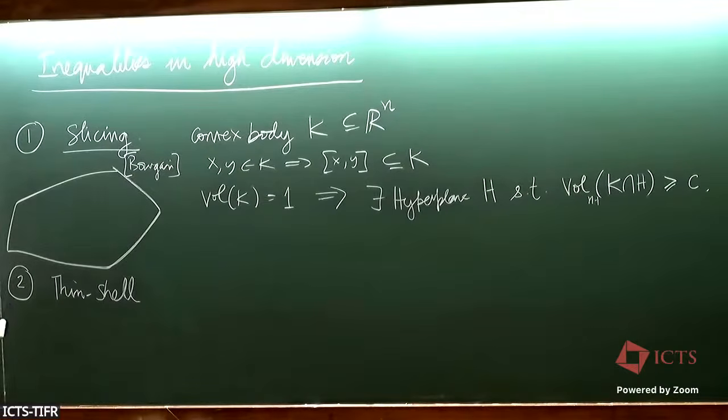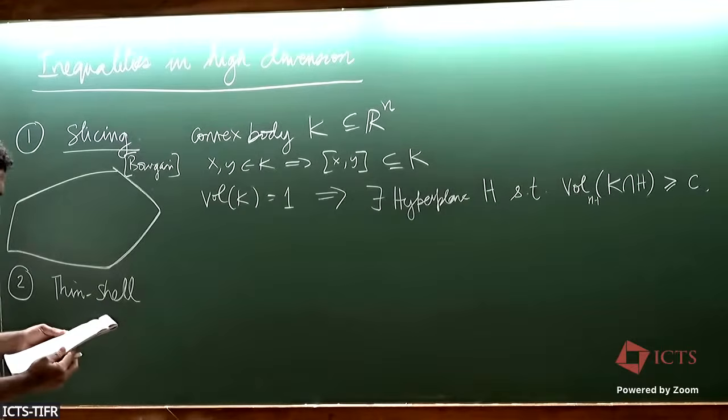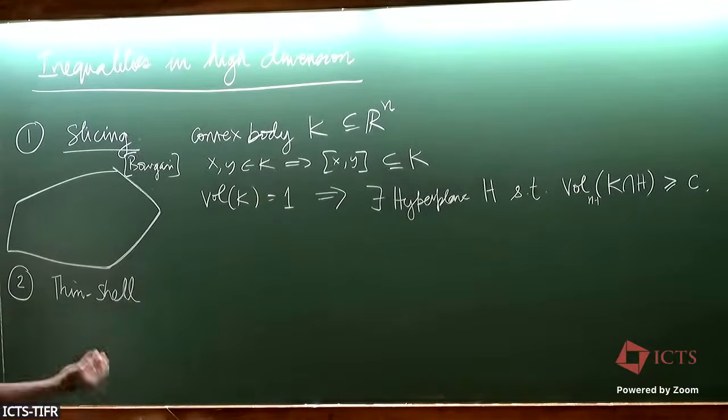As I go along, I'll introduce some of the definitions needed for the tool as well as for the statement itself. The next one that's useful is the notion of a distribution being isotropic.